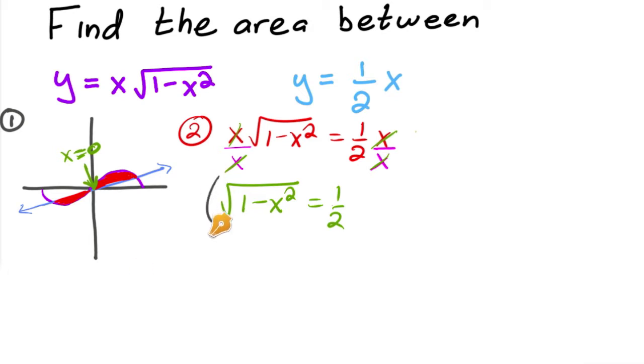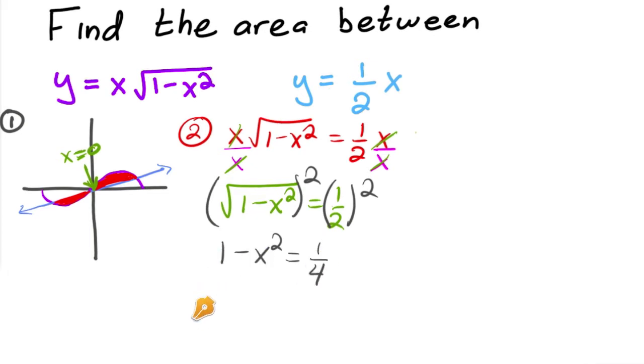So then to get rid of the square root, you can square both sides. So then you get 1 minus x squared equals 1/4. And might as well just get rid of the fraction. So if you multiply both sides by 4, you would get 4 minus 4x squared is equal to 1.